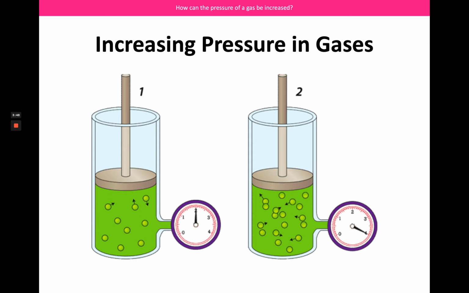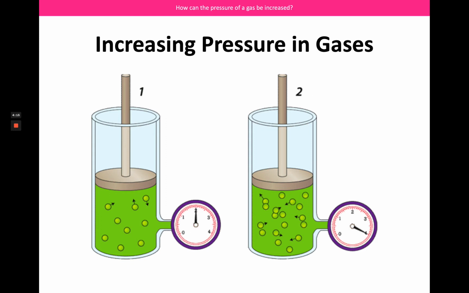So more particles in the same volume means increasing pressure. This is what happens when you pump your bike tire up. Once your bike tire is basically the shape it's going to remain, you might keep pumping. The pressure increases. You can feel it if you're trying to press down the tire with your thumb. What you're doing is getting more air particles into the same volume, and that's increasing the pressure.